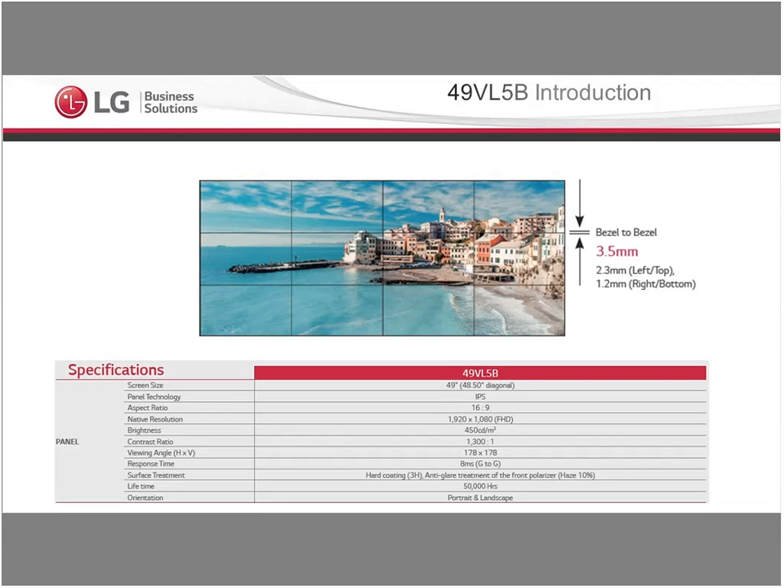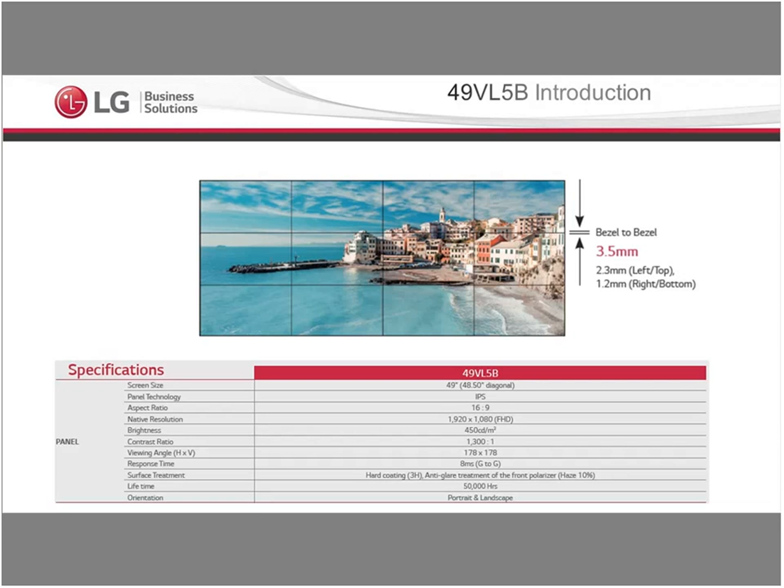We'll look at that a little bit closer, but basically what I'm saying here is this is essentially replacing that, especially in that 49-inch category. We're keeping the 55 going for a little bit with the LV35A, but the 49-inch VL5B that we're looking at right here will be replacing that in our portfolio.